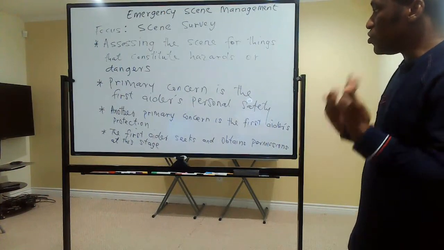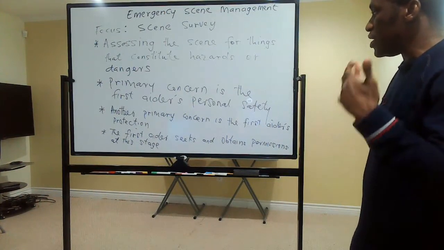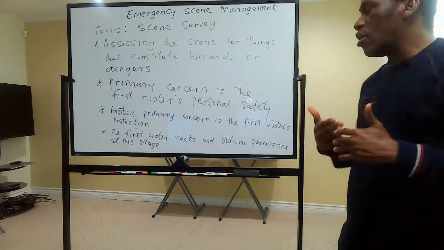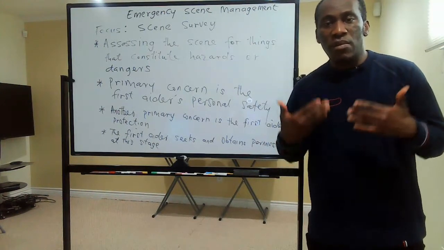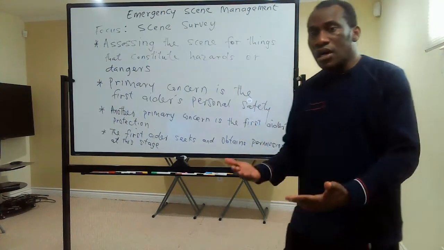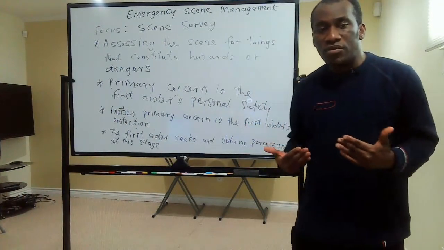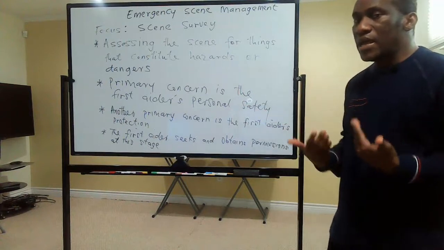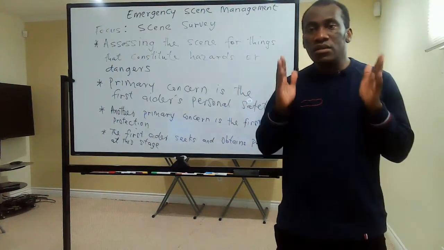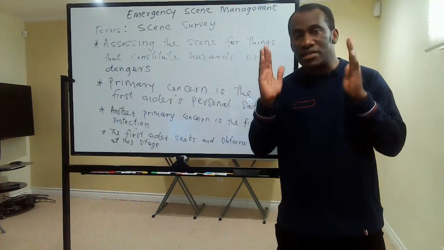Another thing you do during scene survey is to seek and obtain permission. My name is Peter, my name is Mary, can I help you? When you say, can I help you, you are seeking permission right there, and it is important.